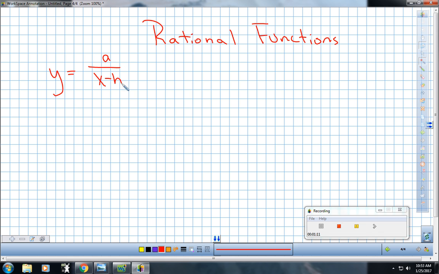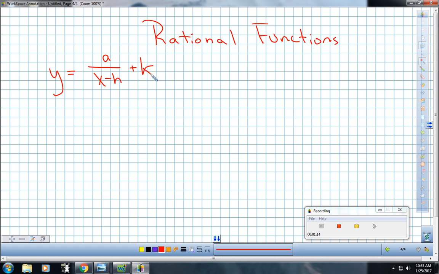So you can write this down. Just like all of the other functions that we learned at the very beginning of this school year, when I handed you that packet and it had the parent function and then broke it down, do you remember how HK kept popping up all the time?